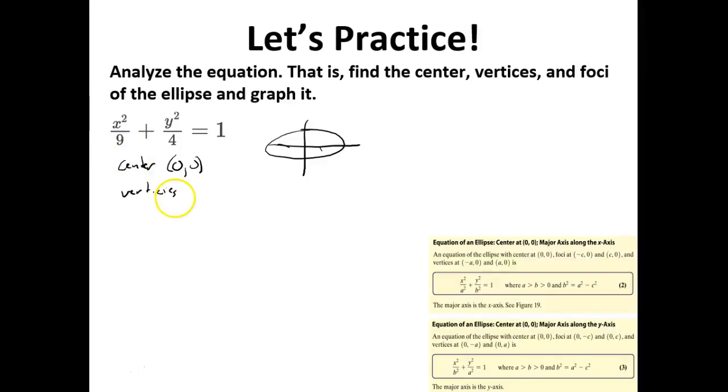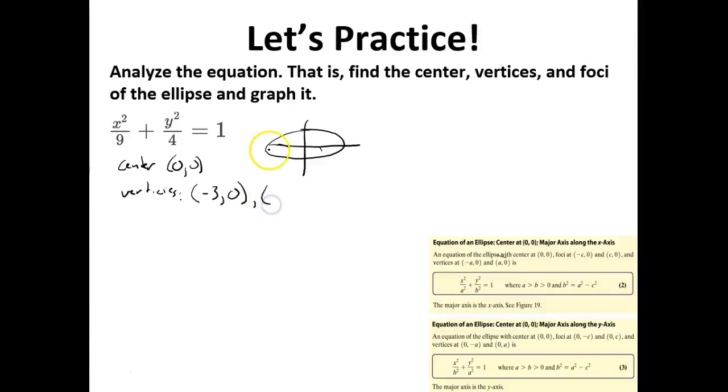The vertices are going to be, well, if I look here, vertices are at negative a, which is the square root of that. So negative a, the square root of 9 would be 3, so negative 3, 0.